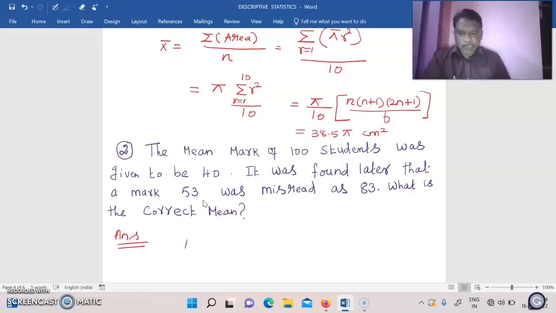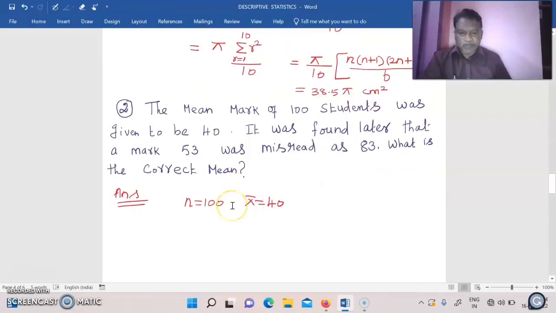Here we are given that the arithmetic mean for 100 students was 40. So n is nothing but 100, x bar is 40. From this we must find summation x, which is equal to n into x bar. So which is 100 into 40, 4000.